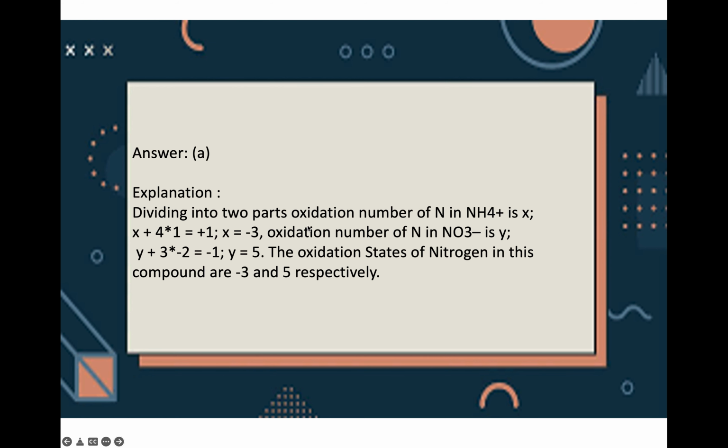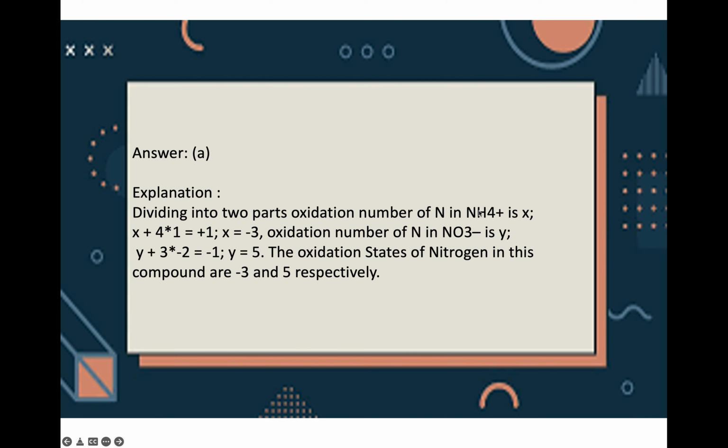So we divide the compound into two parts. For the oxidation number of N in NH4 plus, we take it as X, and for the four hydrogen atoms it is X plus 4, and for one hydrogen atom it is 1, so 4 into 1. Because NH4 plus is an ion, normally you put this equal to 0, but in this case, since the one plus charge is given, you put it equal to plus 1.